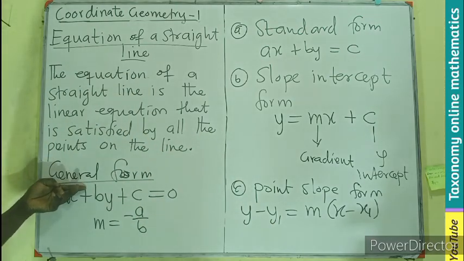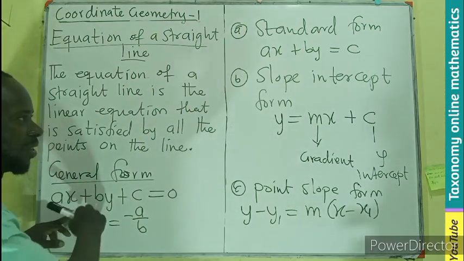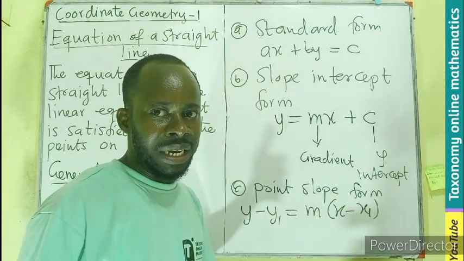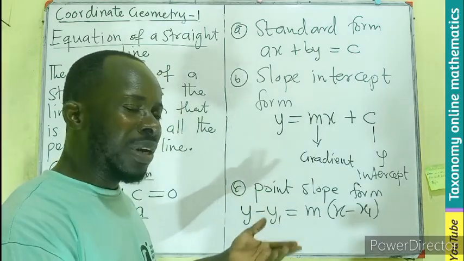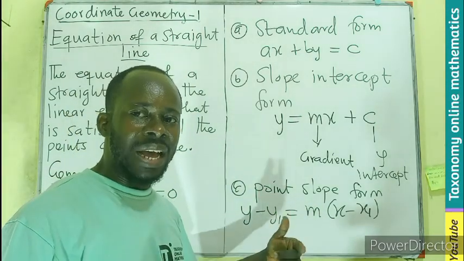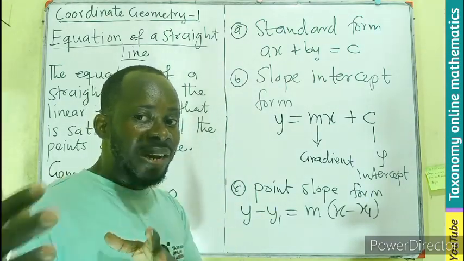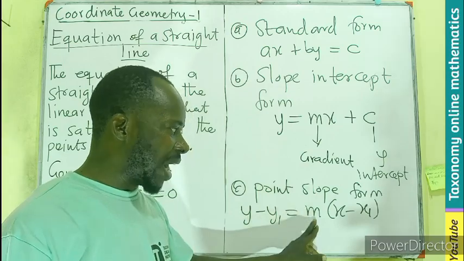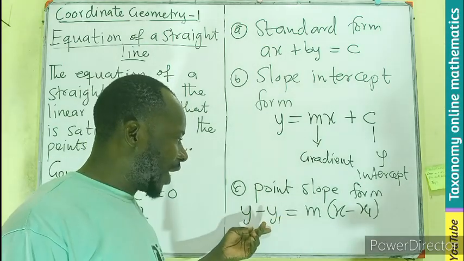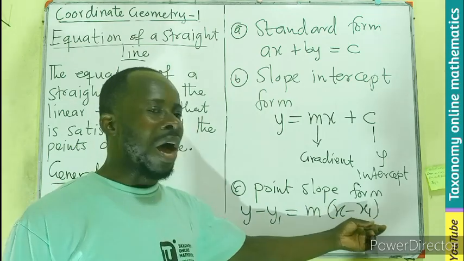This being the general form, this being the standard form. All of them can be translated into each other in the same way, provided we know the variable position. If you look at this carefully, this is coming from the derivation of the gradient, which is the m. The change on the y-axis over the change in the x-axis will make you arrive at this.